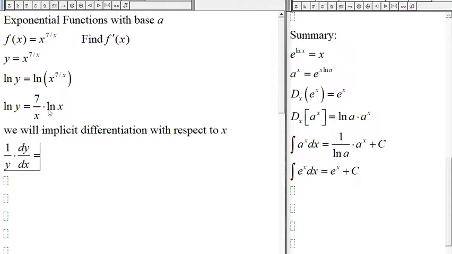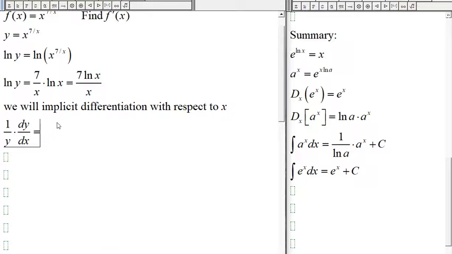And then we can write this as a quotient, and then we can use the quotient rule right here. So this is the same as 7 ln x, and then this is just x. And this is a quotient, and the variable here is x, and we do a derivative with respect to x, and so we just do the usual derivative.